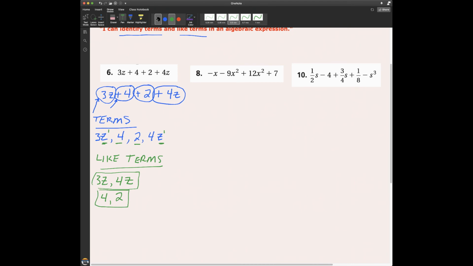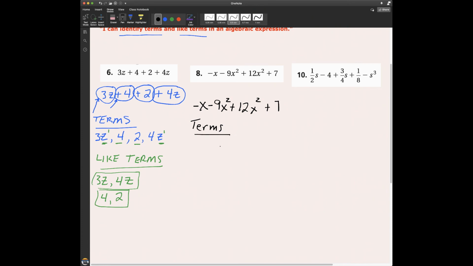All right, armed with that, let's look at number 8. Let me write it down: negative x minus 9x squared plus 12x squared plus 7. Let's identify the terms.